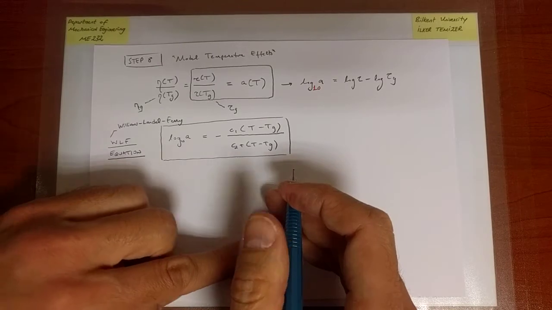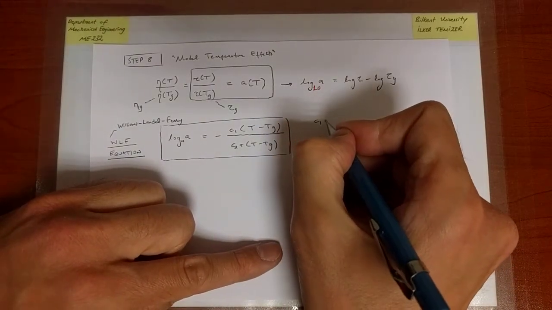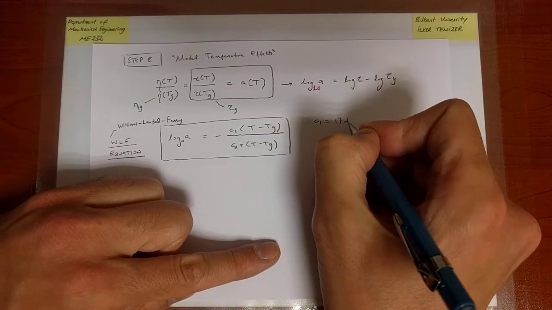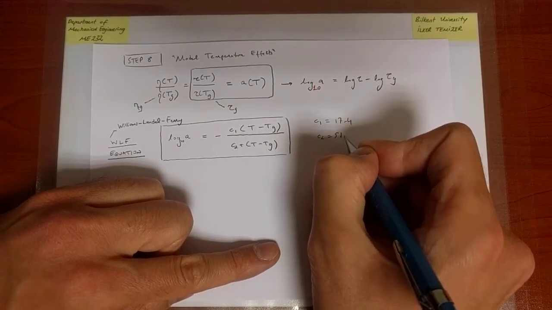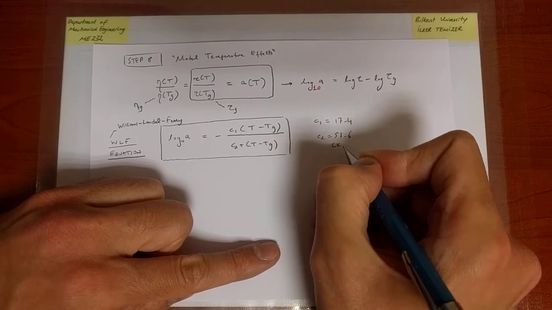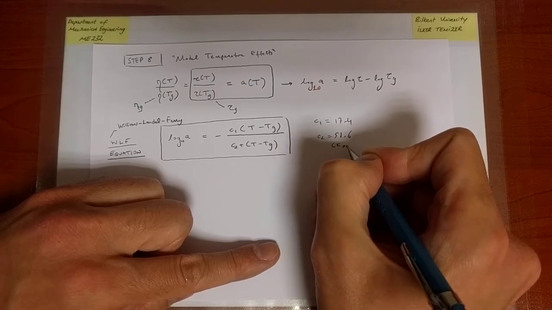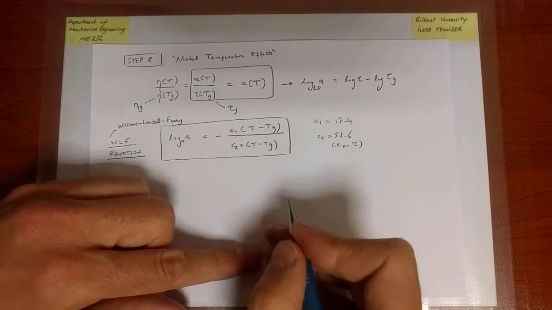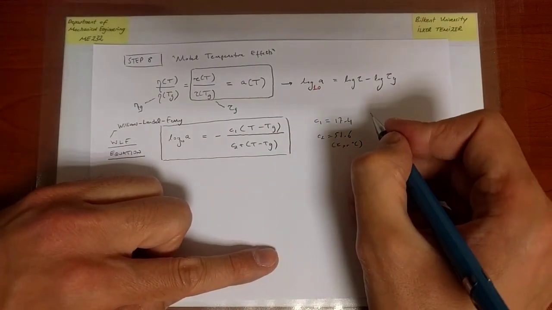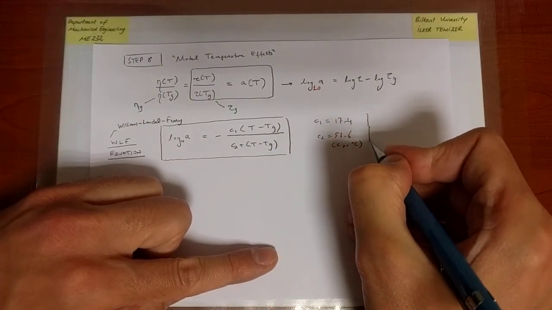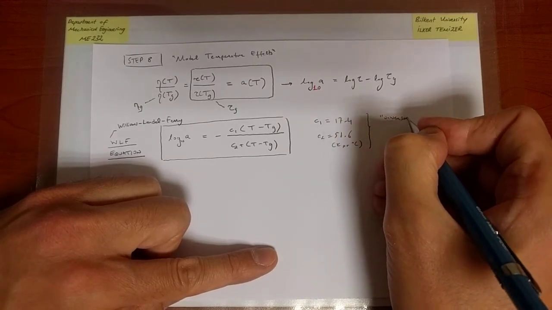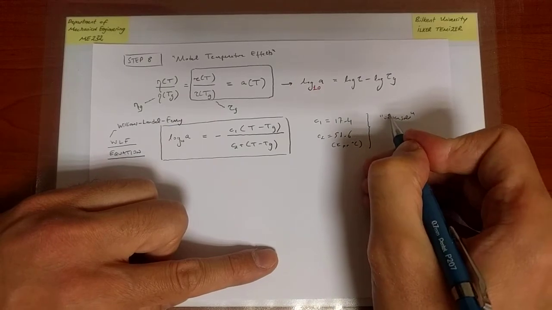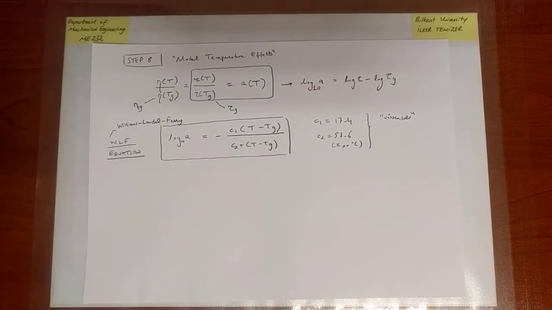Now here we have some constants. C1 is something without units, 17.4, and C2 is 51.6. You can say kelvins or degrees Celsius, depending on how you'd like to measure the temperature change. Either way, it is equivalent. And these constants are said to be universal. Universal in the sense that when you look at this equation, you don't see a material property appearing.